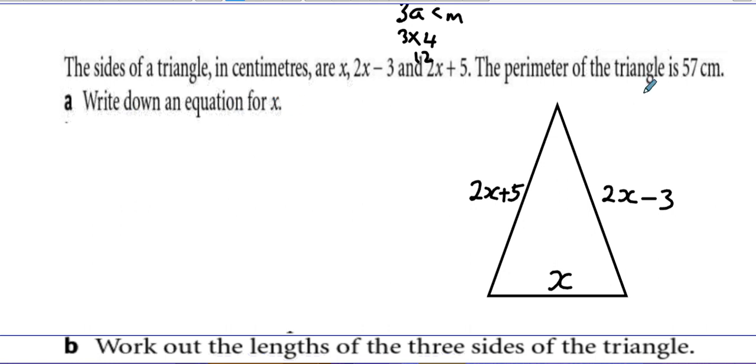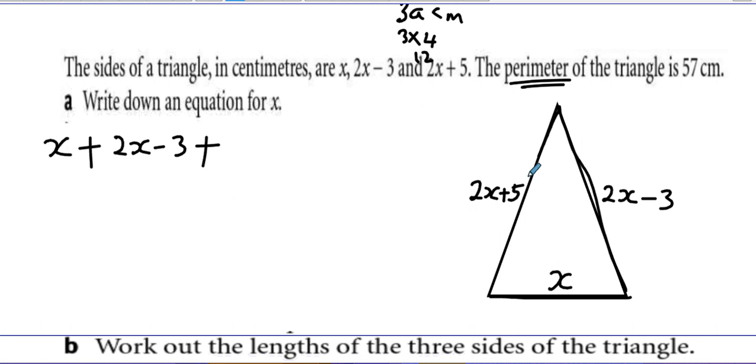Perimeter is add all the sides. So adding all the sides, we take x plus 2x minus 3 plus 2x plus 5. The perimeter is 57.